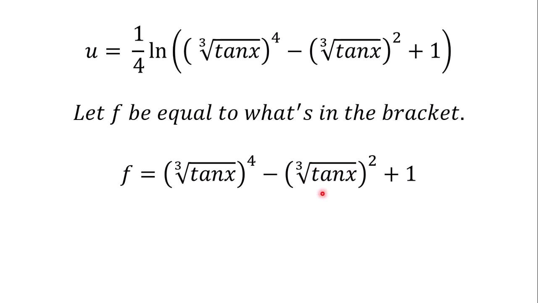So the answer to this one will be 2 over 3 times secant x squared times tan x to the power minus 1 over 3, which is the same thing as cube root of tangent x, but to the power minus 1.